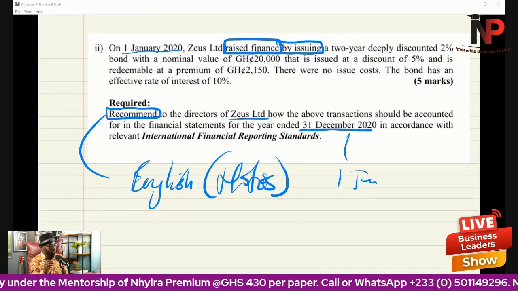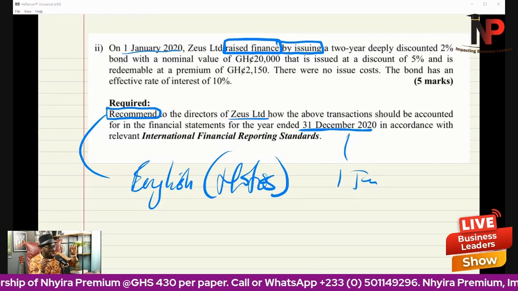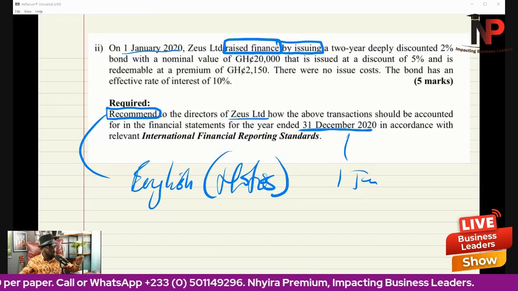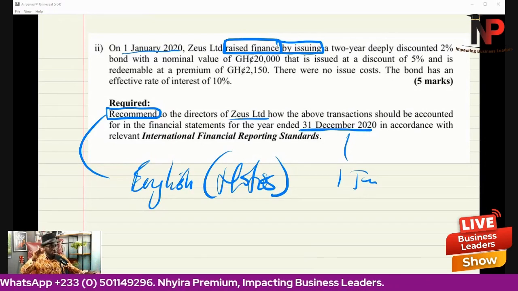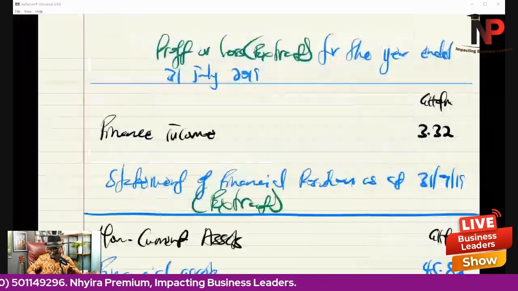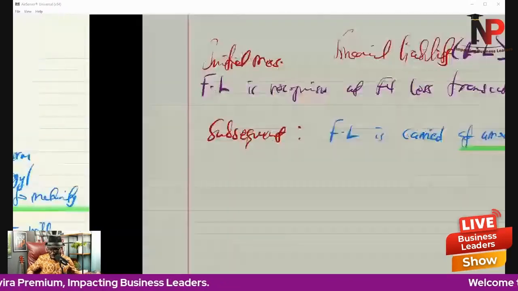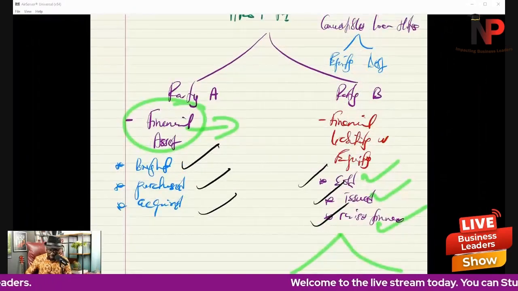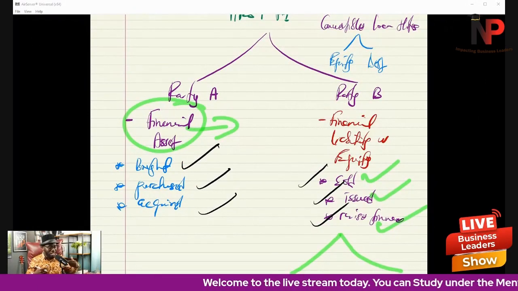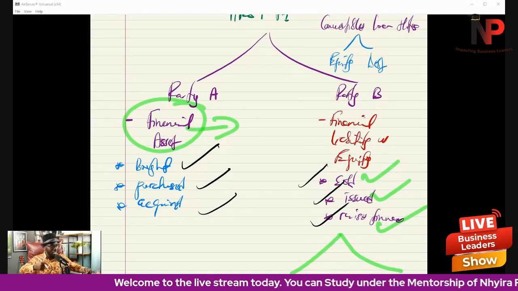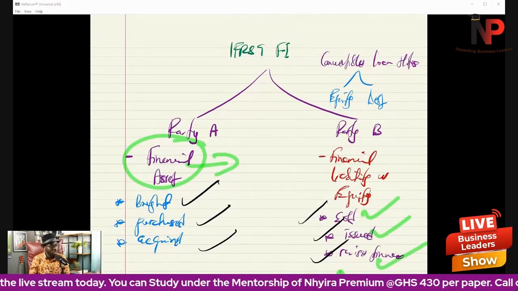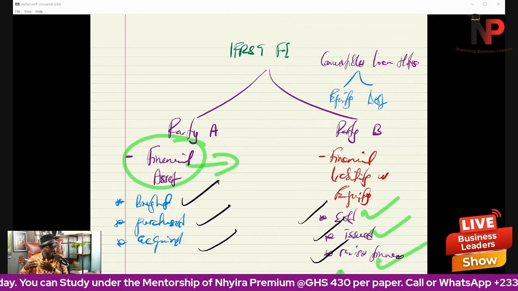Okay, so where are we in our principle? We are on the liability side or equity side, because we are seeing the words raise finance and issue coming in. So this is likely to be a financial liability or equity instrument.